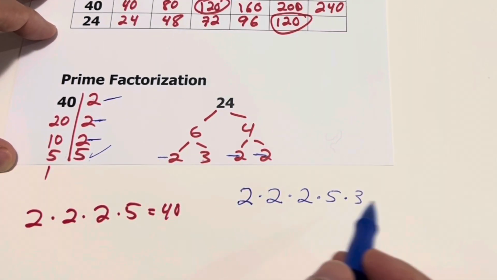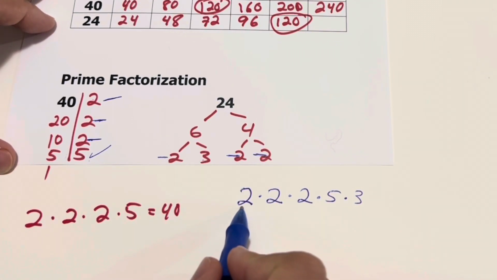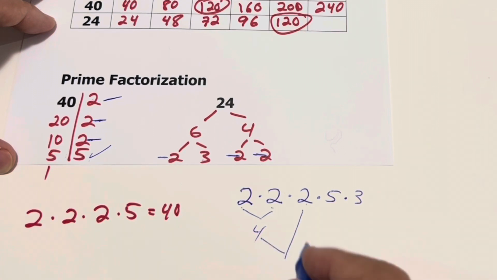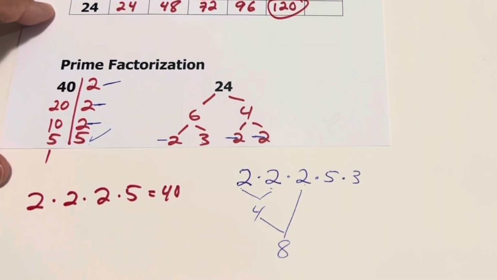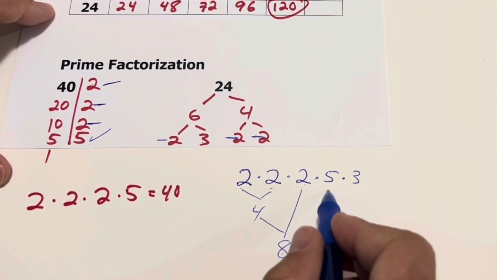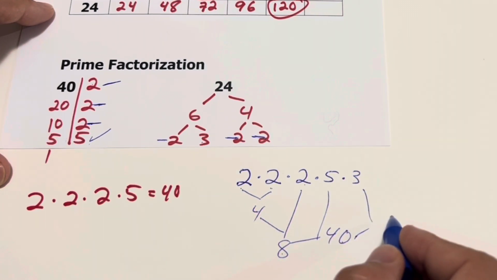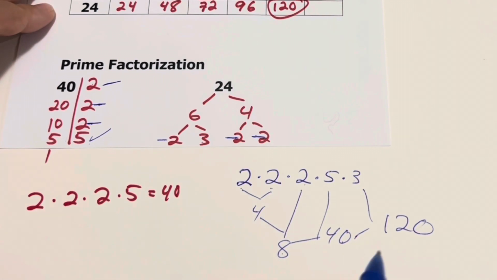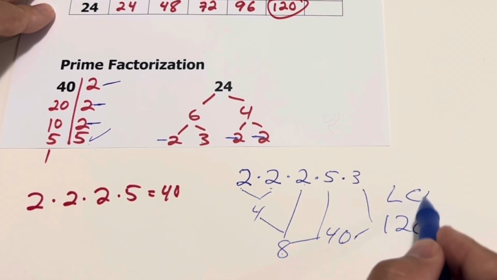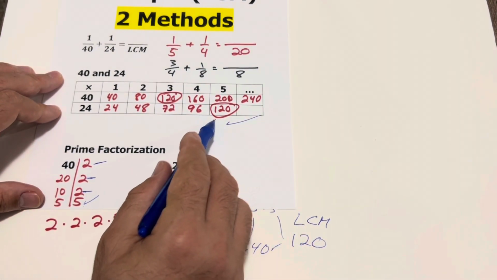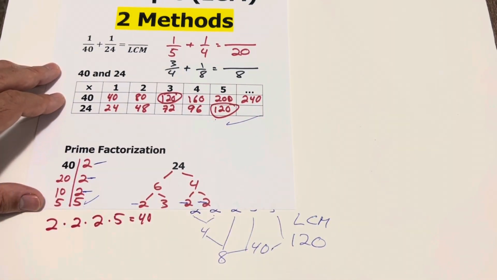So the multiplication of all these numbers is 2 times 2 is 4. 4 times 2 is 8. 8 times 5 is 40. And 40 times 3 is 120. And 120 is the LCM, the least common multiple, which is the same number that we find using the first method.